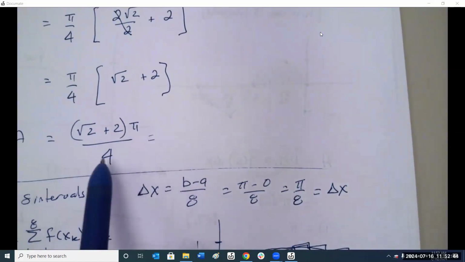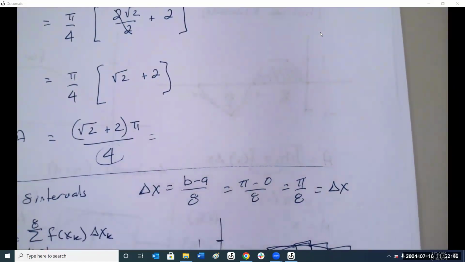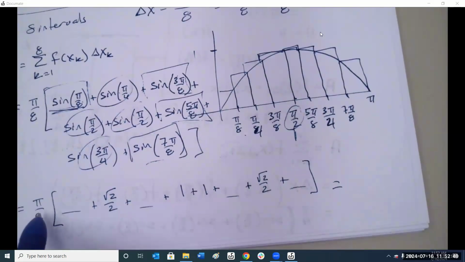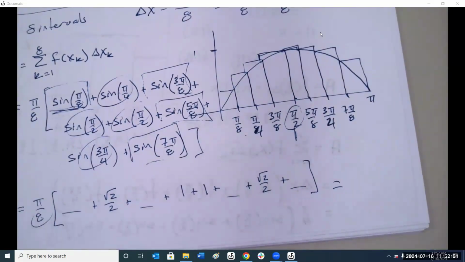Well, let's look at this. This one, we only had 4 intervals. This one, we had 8 intervals. So how can we get a better answer? What's the best answer we can have if we have how many? Infinite.